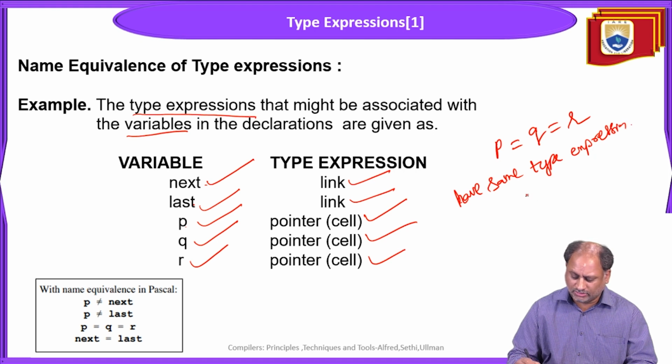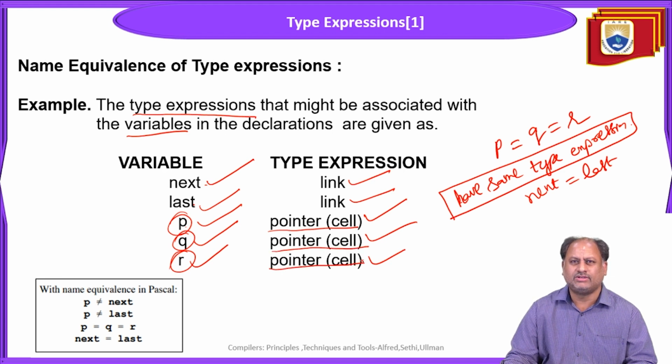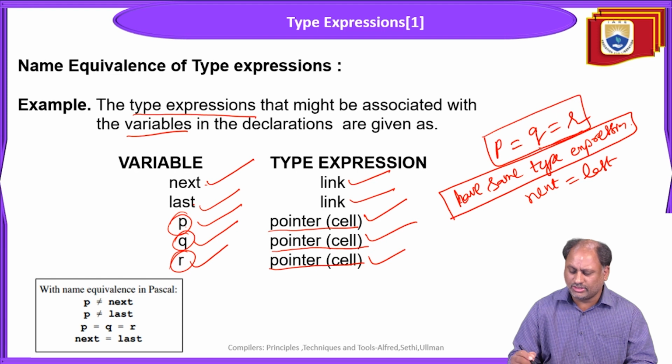That's why they are equivalent. Next and last also have the same type expression. P, Q and R have the expression pointer to cell. So in all these cases, these are equivalent. So we can say that P equals Q equals R.